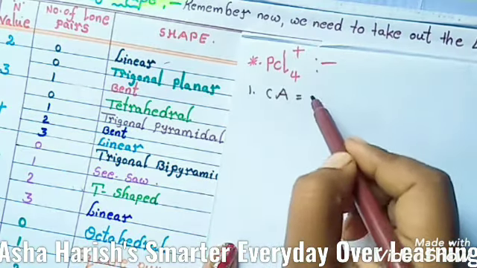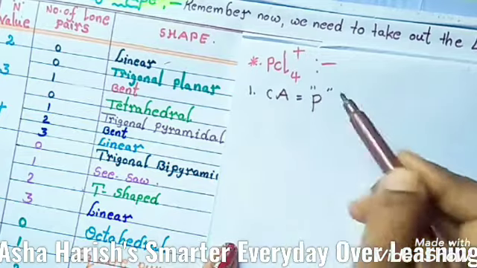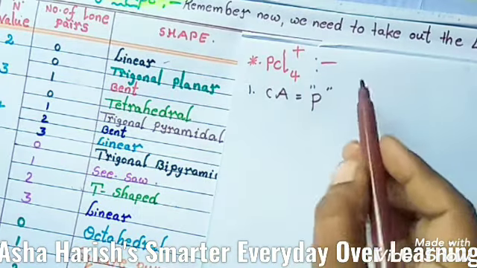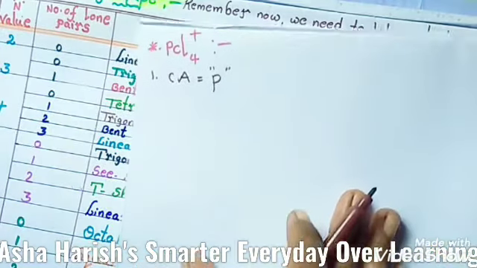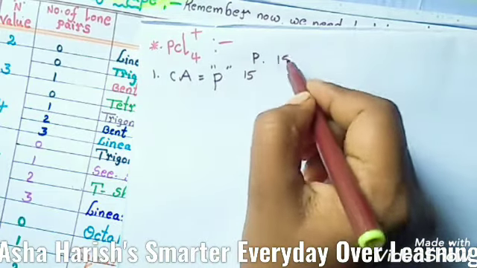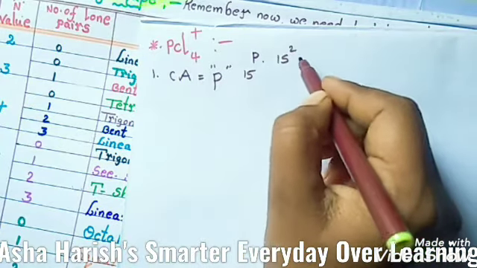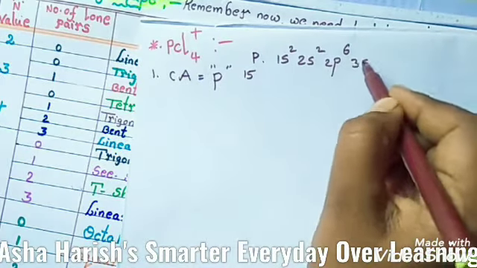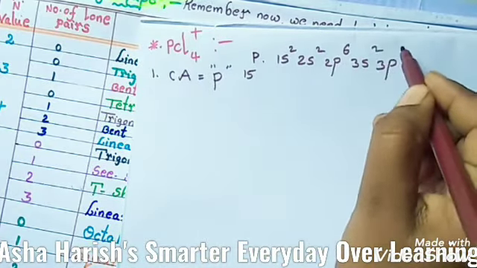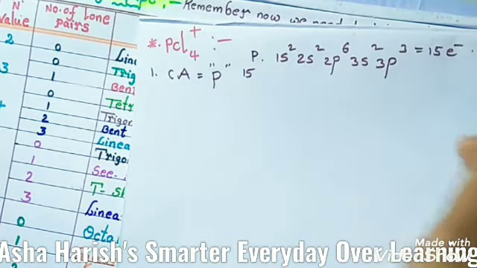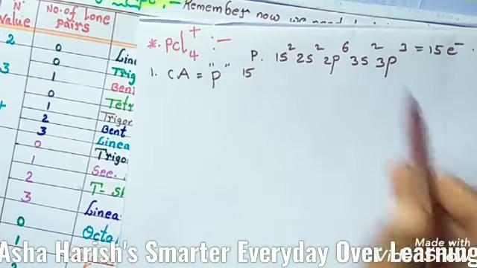Here it is phosphorus. Phosphorus atomic number is 15. You need to write the electronic configuration: 1s2, 2s2, 2p6, 3s2, 3p3. If you count all these electrons, you should get 15. So 15 electrons, it is okay.